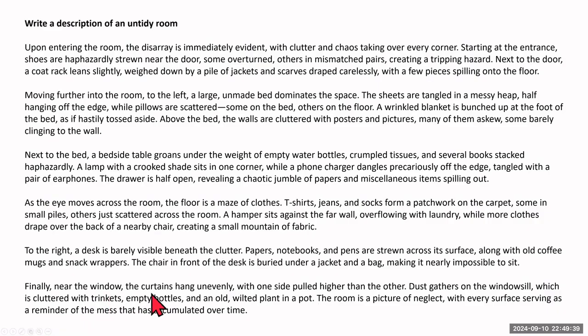Finally, near the window, the curtains hang unevenly, with one side pulled higher than the other. Dust gathers on the windowsill, which is cluttered with trinkets, empty bottles, and an old wilted plant in a pot. The room is a picture of neglect, with every surface serving as a reminder of the mess that has accumulated over time. So let's have a look at the order.